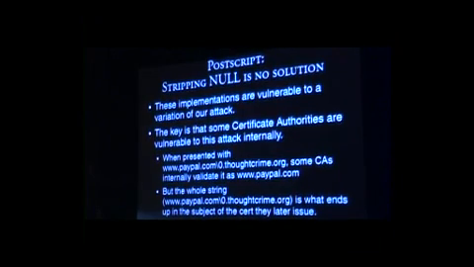some certificate authorities are internally vulnerable to this attack, where the certificate authorities themselves trip over the null character. So if I submit a certificate request to www.paypal.com null character .thoughtcrime.org, some certificate authorities will internally validate that against paypal.com. But then, if that validation succeeds, I will get the full string in my certificate, right?